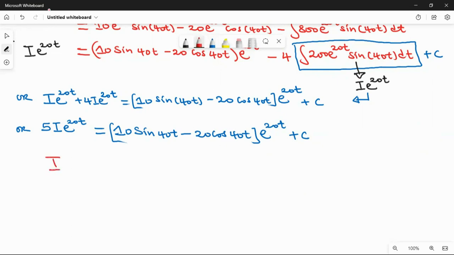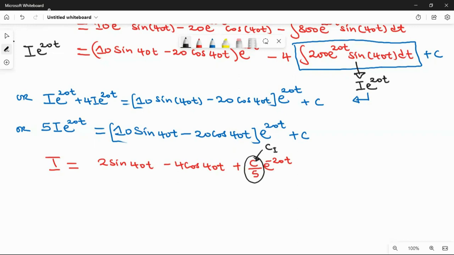I is equal to 2 sine 40t minus 4 cos 40t, then plus c over 5 exponential negative 20t. C over 5 is another constant. You can call it C1. So instead of writing C over 5, you just write another arbitrary constant, call it C1.